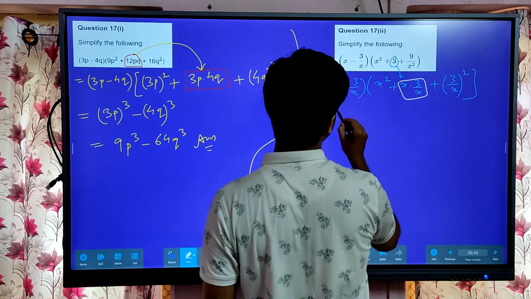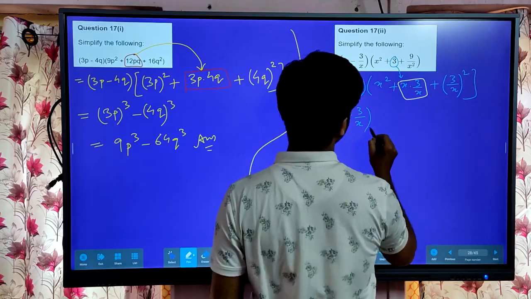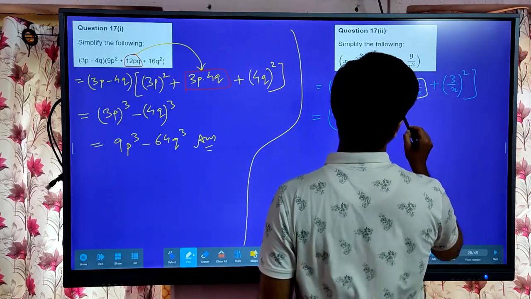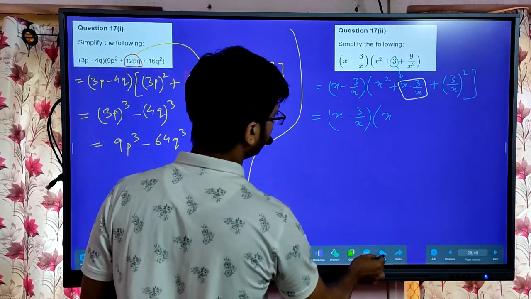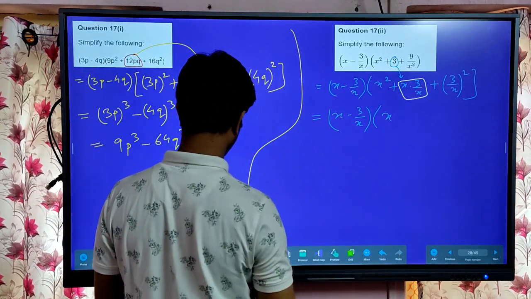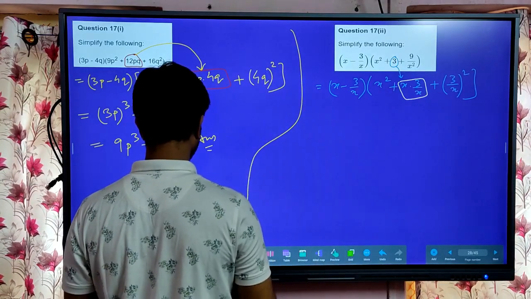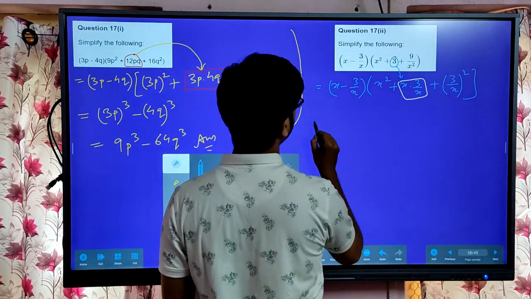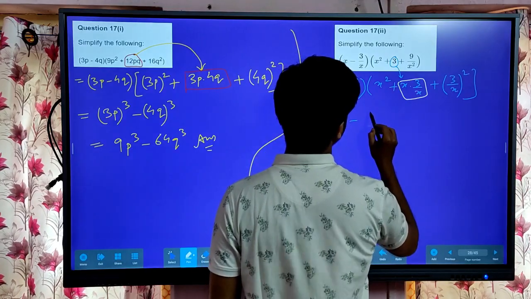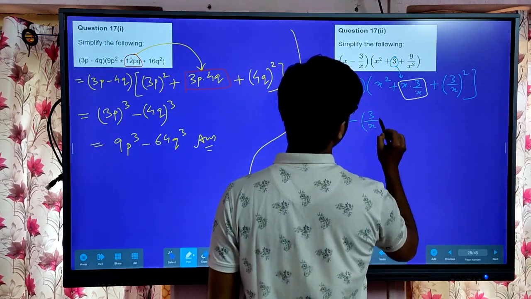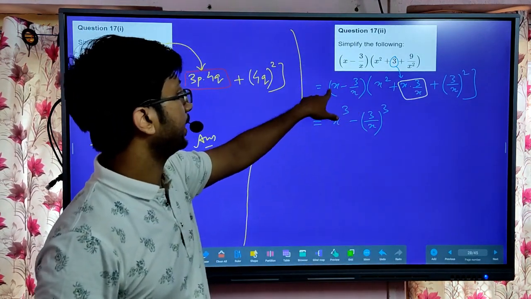So it will be x minus 3 by x into x square. We don't have to write it like this, sorry. We just write a cube minus b cube. Next step we just write a cube minus b cube. So it will be x cube minus b cube, which is 3 by x cube, because your a is x and b is 3 by x, a minus b.